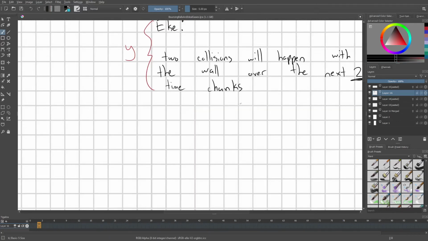All right, let's put this all together in a very clear statement. The force on my wall, that average force, is going to be the change in momentum over 2 time chunks, over 2 time chunks.